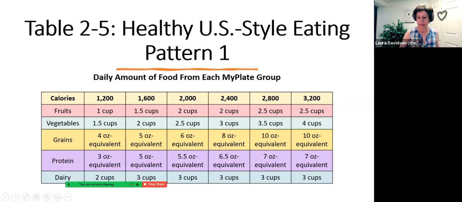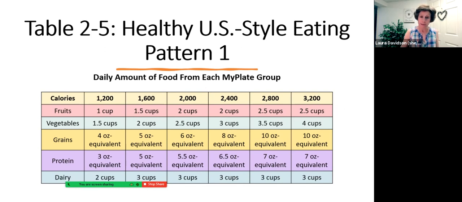This plan is individualized depending on your calorie need. I'd like you to memorize the amounts for the 2000 calorie diet, and that will be helpful for some test questions. It also gives us a kind of general idea of what's recommended for a healthy diet.